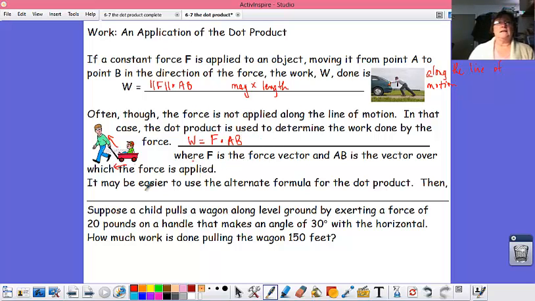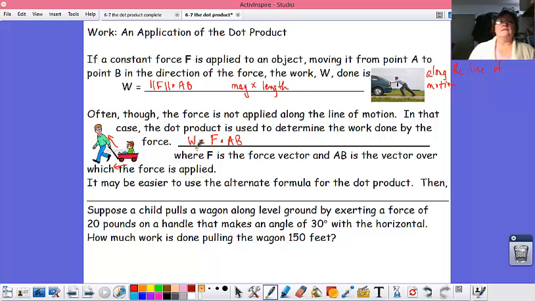All right. It is, in this case, easier to use the alternate formula for the dot product, and I could show it to you. If you're interested, I will show you tomorrow how you can do this problem using the other dot product formula, right? Because we know that you can split the vectors up into their horizontal and vertical components, and we could do it that way.